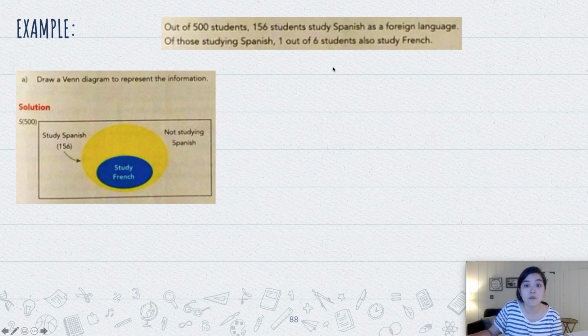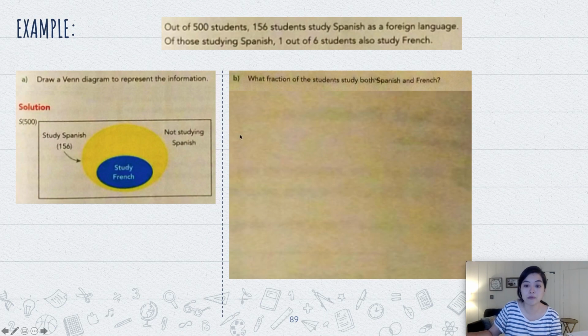And then it says, of those who are studying Spanish, there are students who are also studying French, okay? And that is 1 out of 6 students also study French here, of those studying Spanish. Okay? All right, so part B says, what fraction of the students study both Spanish and French?